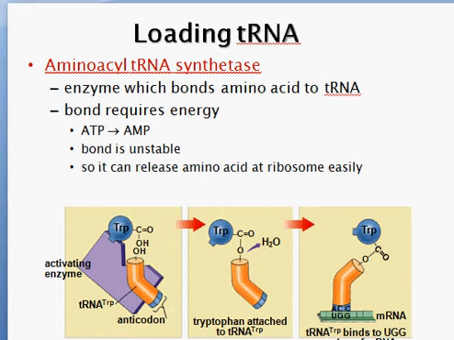You can see here, this picture is showing the use of the aminoacyl enzyme, which is helping to take the substrates of the transfer RNA and the amino acid and bond them together. And you can see that's a dehydration reaction. We have water being produced because there is that actual bond being formed.